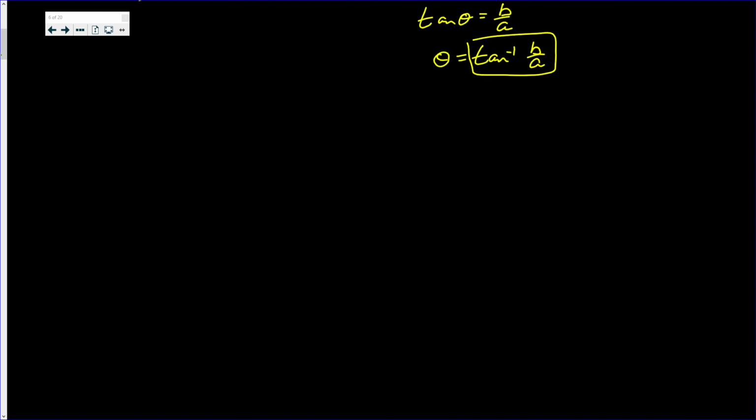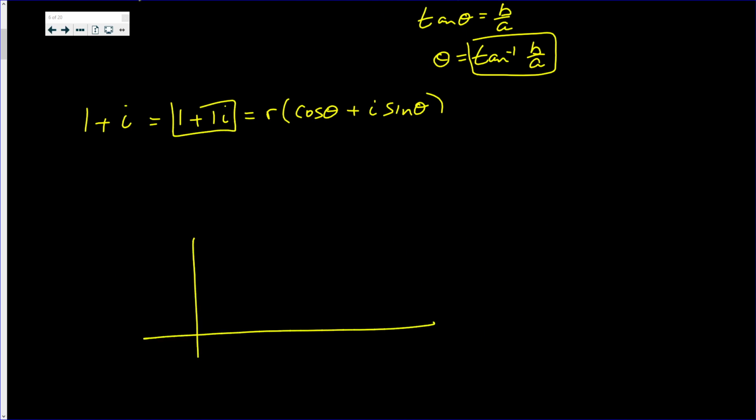So how about you have 1 plus i? First realize that's 1 plus 1i. Now I want to write this as some r times cosine theta plus i times sine theta. It's probably best to just graph this. You have the real axis and the imaginary axis. 1, 1.